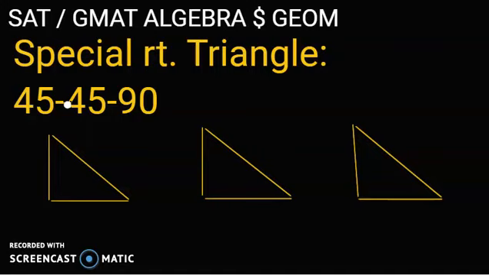There are two special right triangles: 45, 45, 90 and 30, 60, 90. About 30, 60, 90 we have discussed in our previous lesson. So you can get questions in the SAT in different ways. I will discuss the different ways in which the questions are asked.